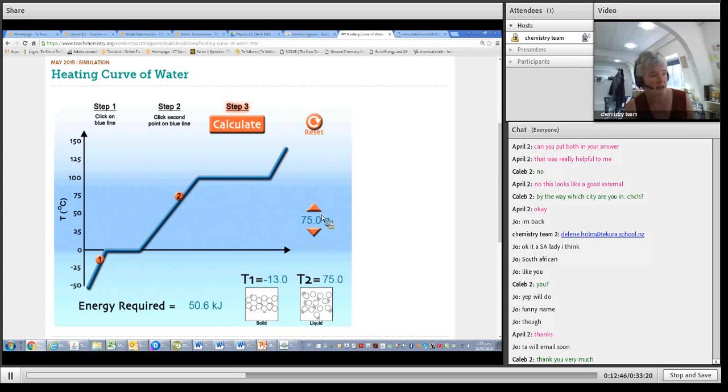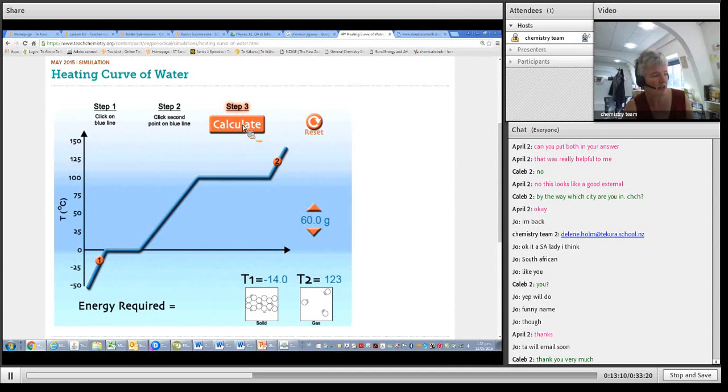If I decrease the amount of water, notice if I calculate again, it's gone down. I can do this going from, say, a solid to a gas. So can you see the gas particles are further away? And for that same amount, I think previously it was about 40.